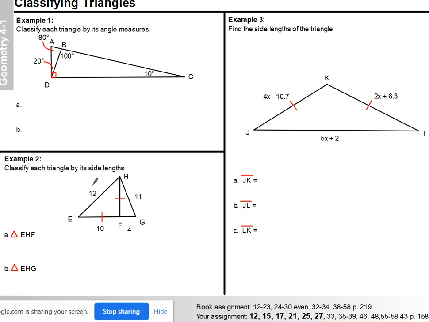In question 2, classify each triangle by its side lengths. So we have triangle EFH, triangle EHG, and then find the side lengths of each triangle. I'd like you to work together. Please get started. Go.